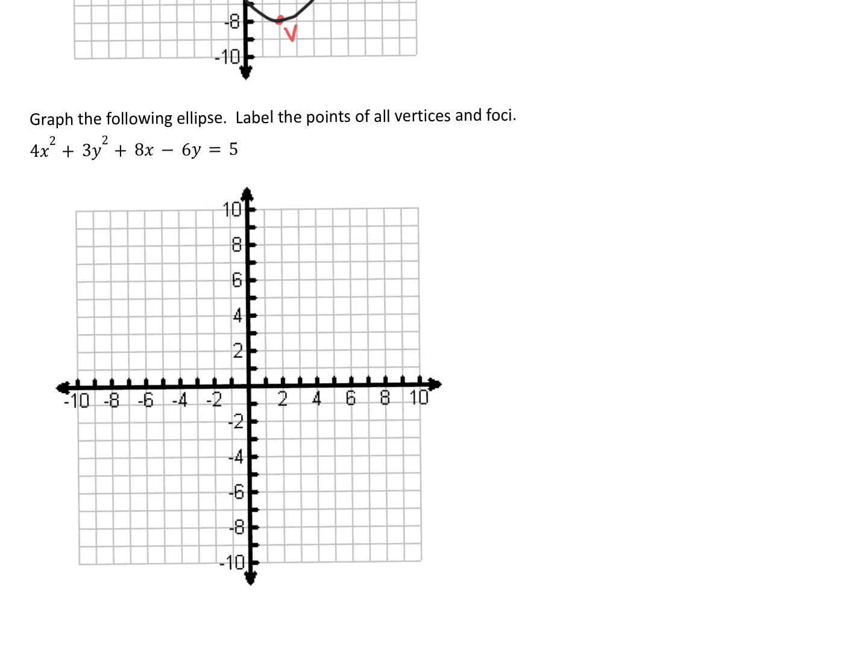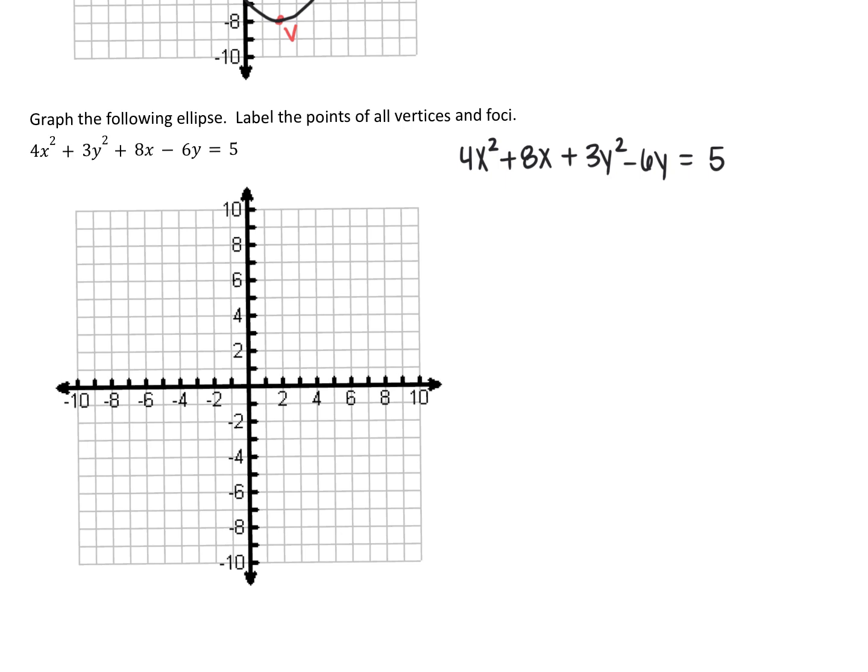format. So the first thing I'm going to do is reorganize it so all of my x's are together and all of my y's are together. So we'll have 4x squared plus 8x and then plus 3y squared minus 6y and then equals 5. In order to use completing the square, the coefficient of your squared term has to be 1, which isn't the case here.